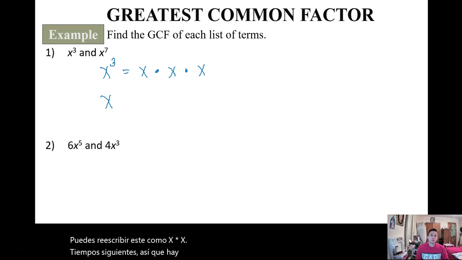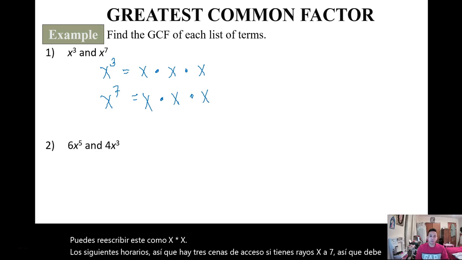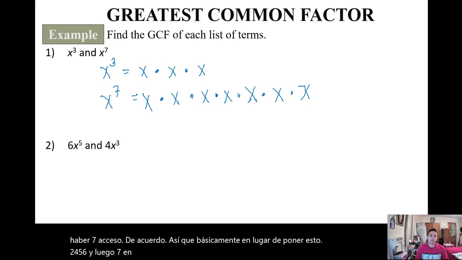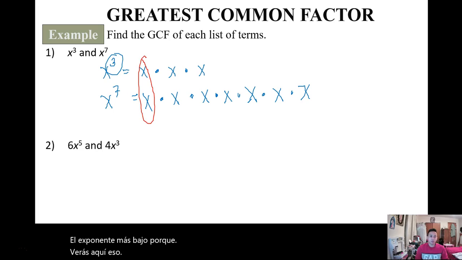If you have x raised to 7, there must be 7 x's. So instead of listing all of them, just take a look at the lowest exponent, because you will see that it is common to both, your x cubed.